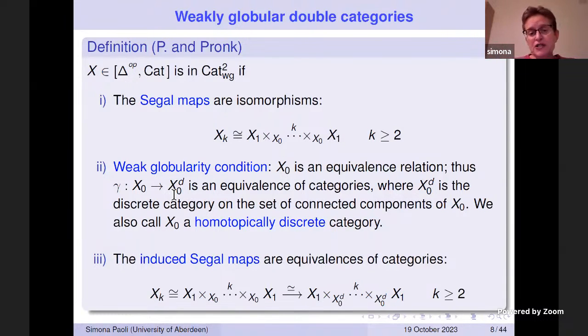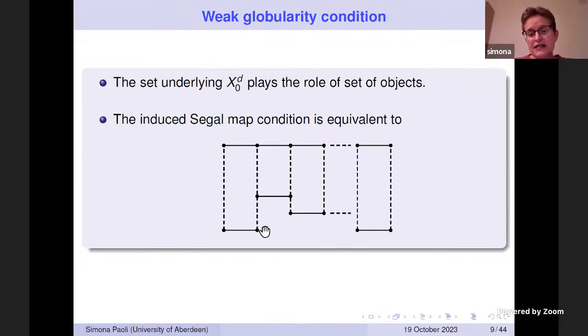But then let's look at a picture like this. You see, if you had horizontal arrows whose source and target don't match up precisely, but they live in the same vertical connected component, you would like to somehow be able to compose this staircase. So you need a condition that allows you to do this. For example, the condition that says such a staircase could be lifted to a sequence of truly composable arrows in the double category, because the staircase is not composable in the double category, but if you can lift, then you have a composition there.